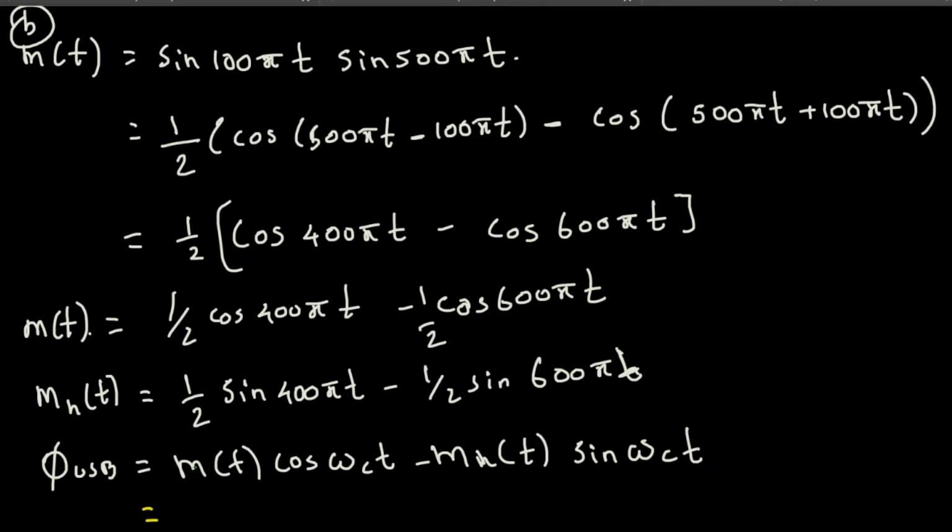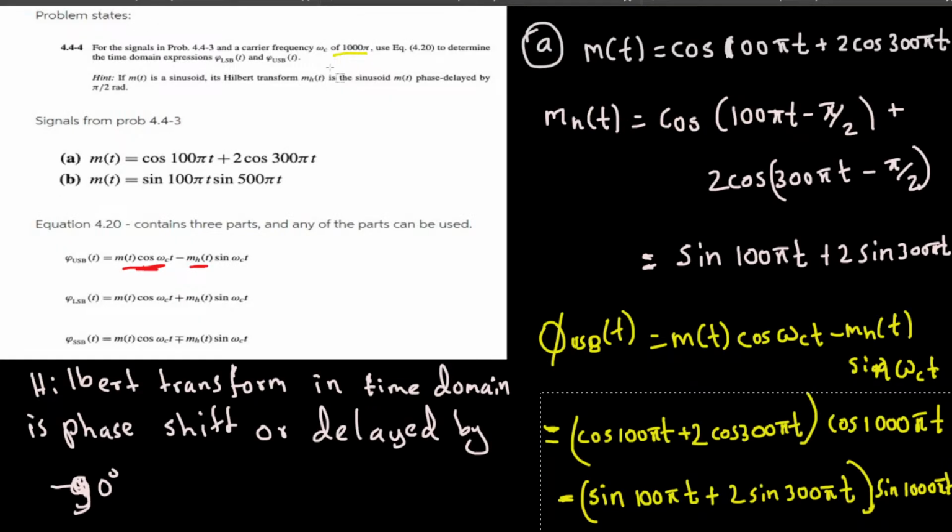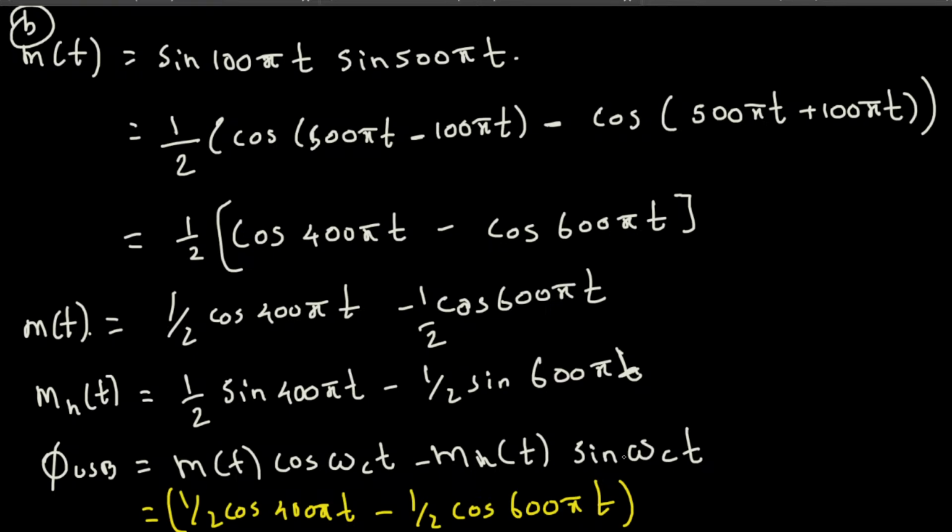So m of t, that is half cos 400 pi t minus half cos 600 pi t, that one multiplied by cos omega ct. Omega c is given in the question, that is 1000 pi. So this is going to be this one multiplied by cos 1000 pi t and then minus.